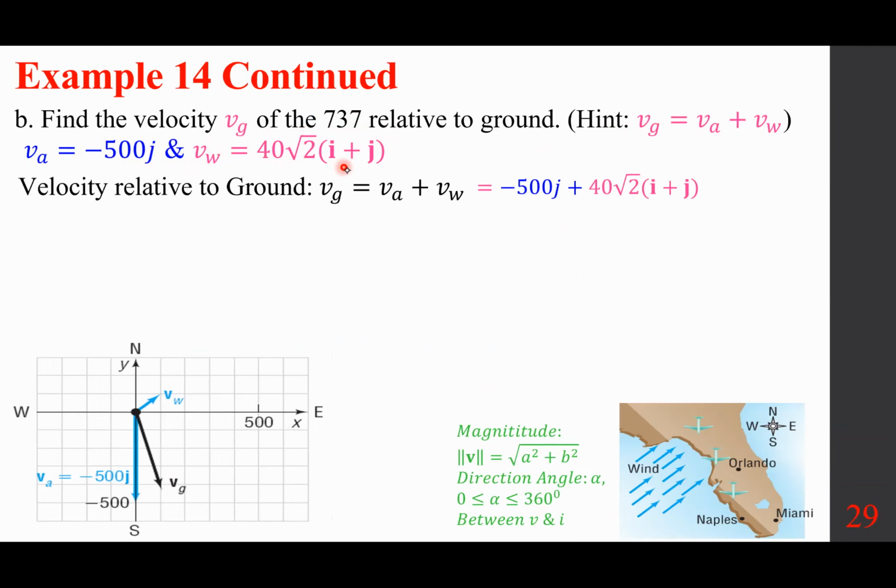So this is 40 square root of 2 I, and then we have 40 square root of 2 J minus 500 J. We write them with the components.